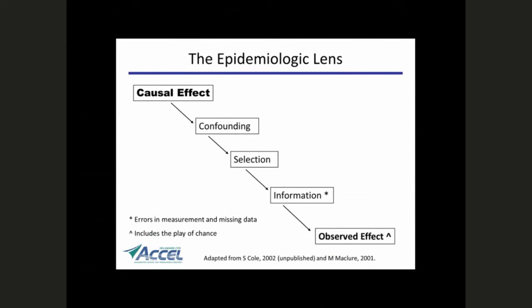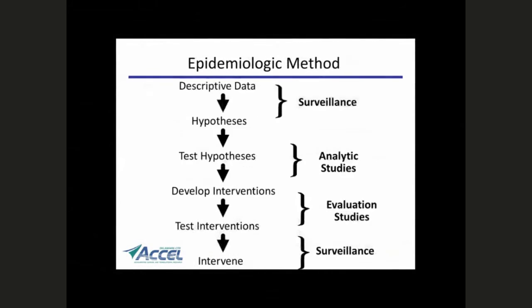Because we want to build programs where we have evidence of cause, because then we are more likely to actually reduce the disease or improve the outcome that I'm interested in. And this whole process works through a process of surveillance. We talk a lot about data, data-driven approaches, and what data does for us is help us describe things.